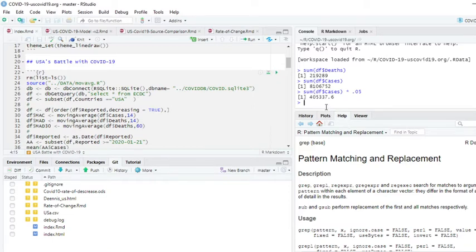That means there's something wrong. Okay, now that's sort of interesting.